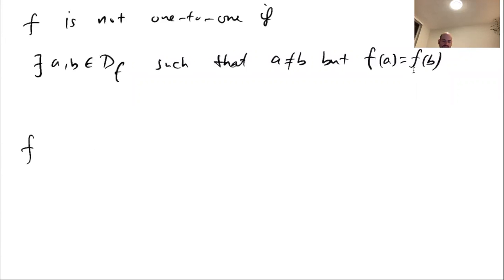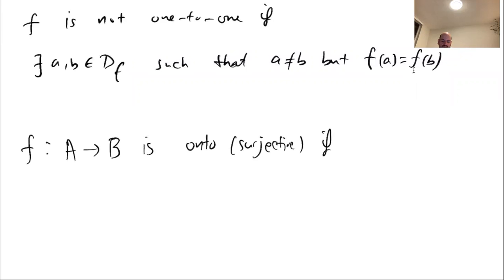And for onto, let's say f from A to B is onto or surjective if the range of f is equal to the codomain, which is B. Equivalently, what does this mean?